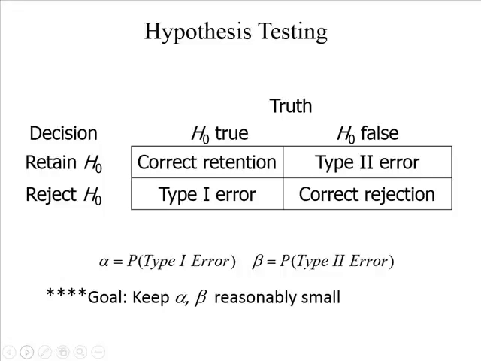So when you're constructing a hypothesis and a way to test it, you're going to have your null hypothesis and your alternative hypothesis, or your research hypothesis. You're going to perform a test, and then you're going to decide, based upon the results of that test, do I reject the null hypothesis?